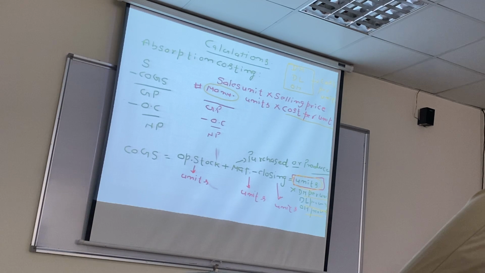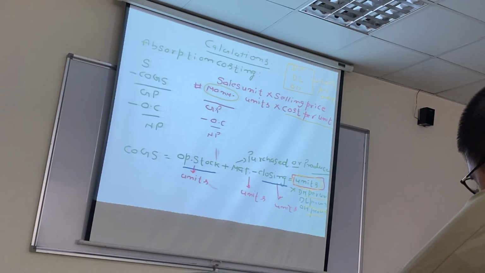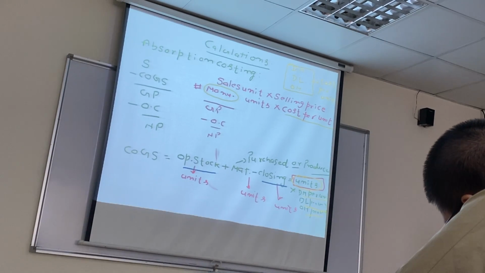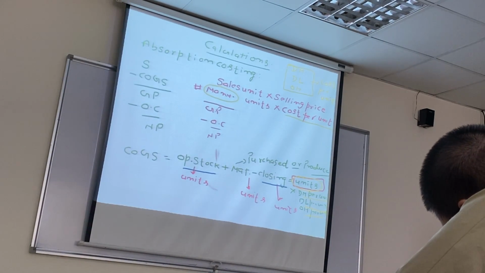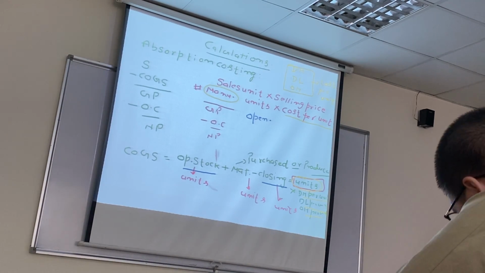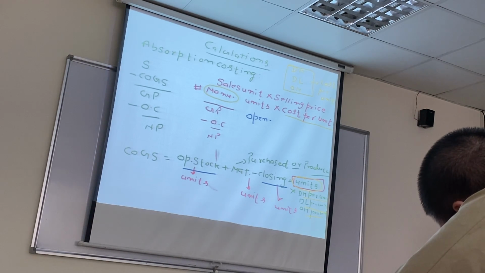So now I need to explain to you what is opening stock and what is closing stock. Opening inventory, closing inventory. What is opening and what is closing. Opening inventory means any inventory in the beginning of the period.